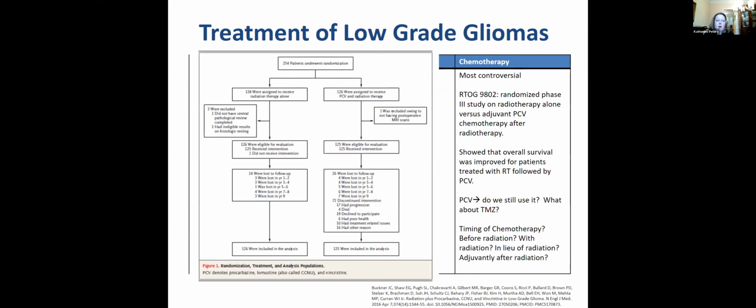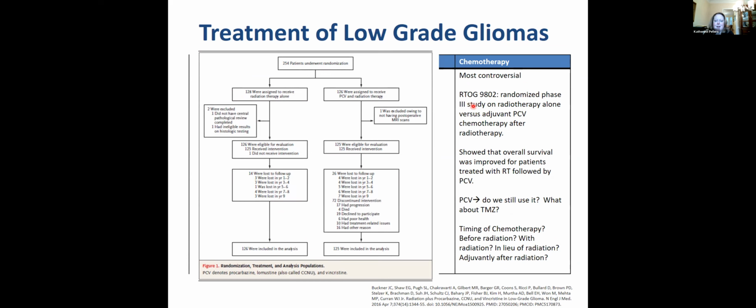And probably the most controversial part is really chemotherapy. And this is where most of the data, and this is one of the challenges with low-grade gliomas compared to doing studies with other cancers in the brain tumor space, is that these patients live a very long time. So endpoints are very long, which is a good and positive thing, but what can happen is science can move along while we're sort of waiting for studies to get an endpoint.